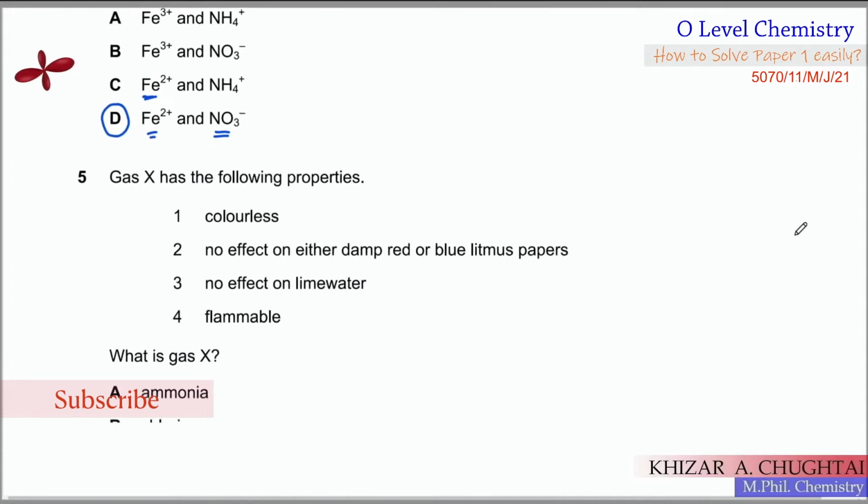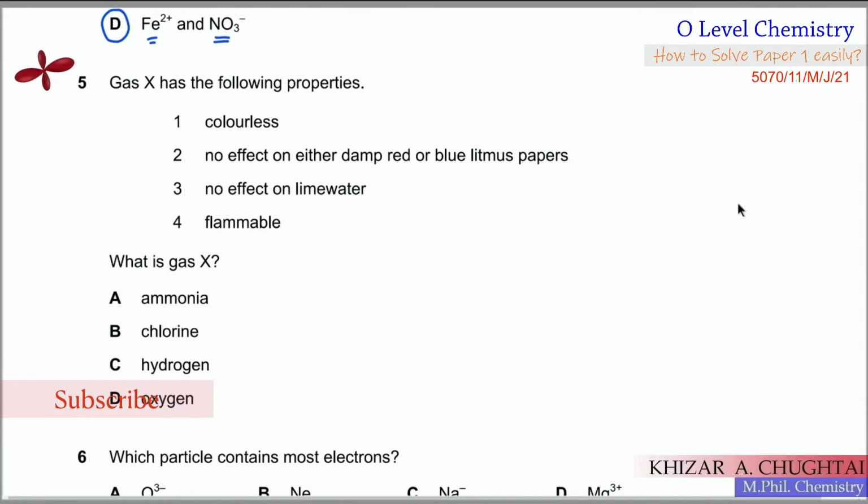The next one is, a gas has the following properties. It's colorless. It has no effect on either damp red or blue litmus papers. No effect on lime water, so it is not CO2. And it's flammable. It can catch fire.